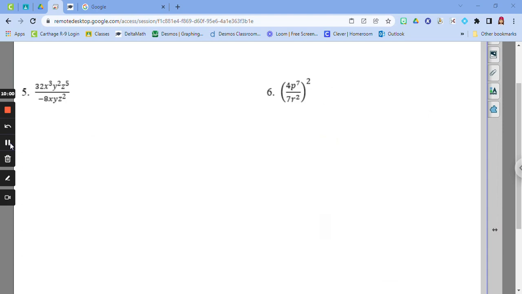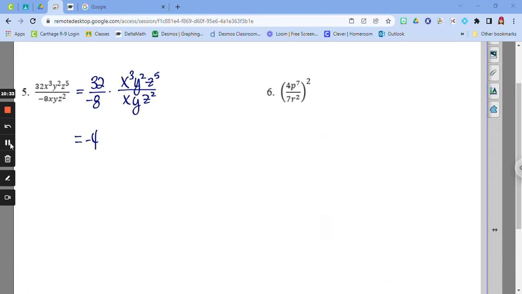So, again, number, then variables. So I have 32 over negative 8, and then I have my variables. So what is 32 divided by negative 8? Negative 4.